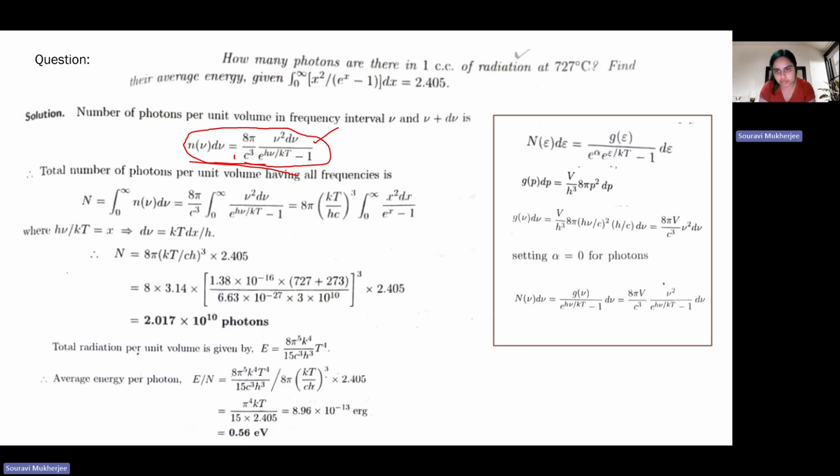You will consider that these are bosons, so they would have a mean occupation number, which will be given as 1 by e to the power alpha e to the power epsilon by kT minus 1.